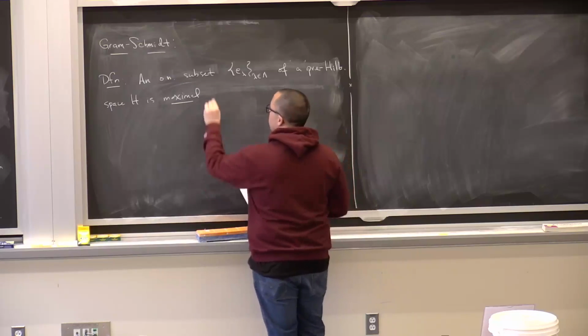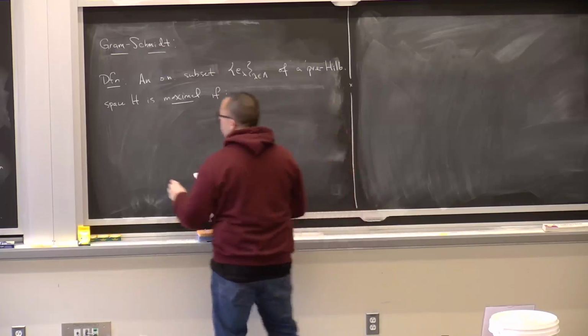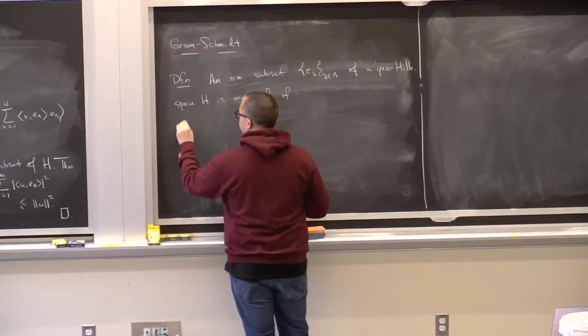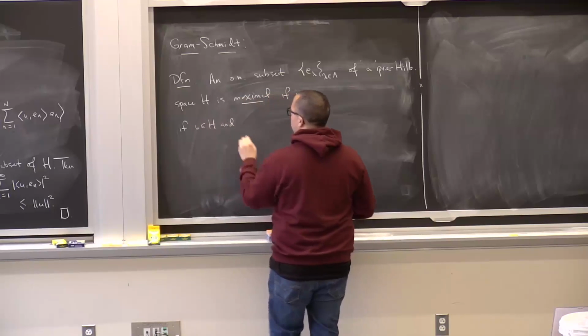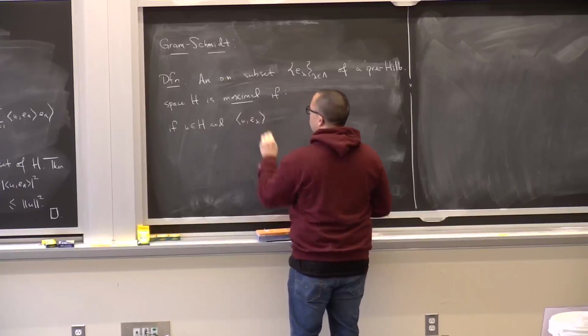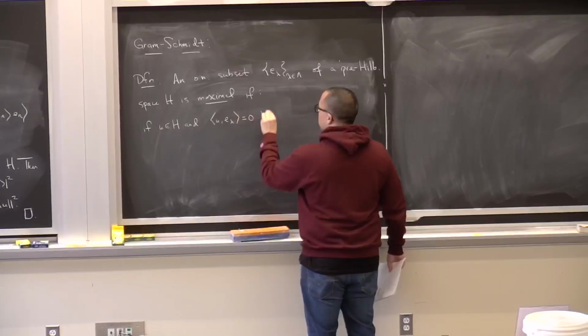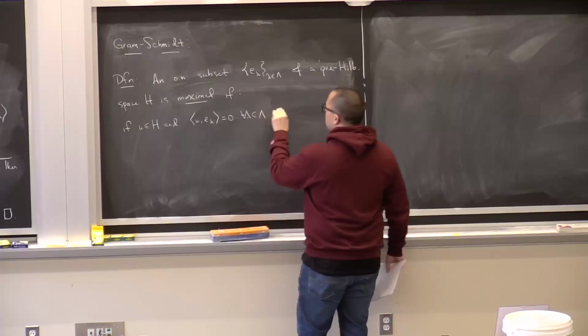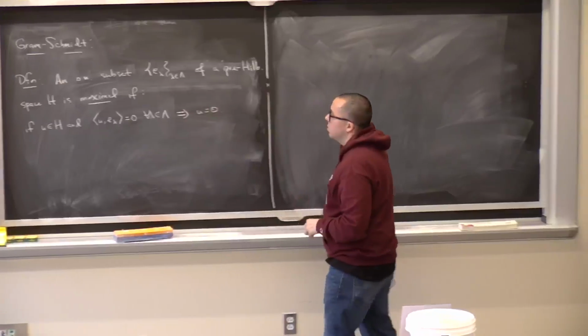So this is maximal if the following holds: if u is in H and u is orthogonal to everything in this orthonormal subset, this implies that u is 0. Okay?